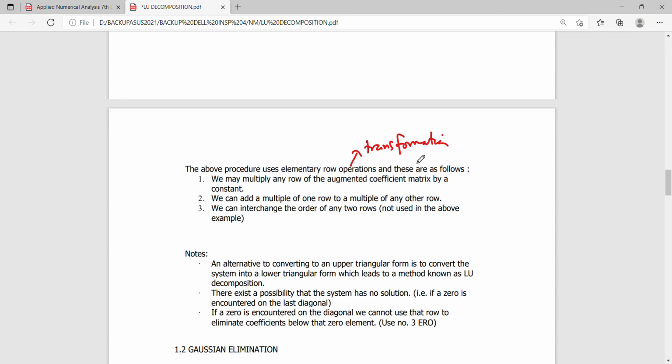So what we also did in the ERO above is we can add a multiple of one row to a multiple of any other row. And we can also interchange the order of any two rows. Actually, it's not used in the above example, but we need to do this later because sometimes we will be encountering pivot values, the diagonal values, which are zero values.